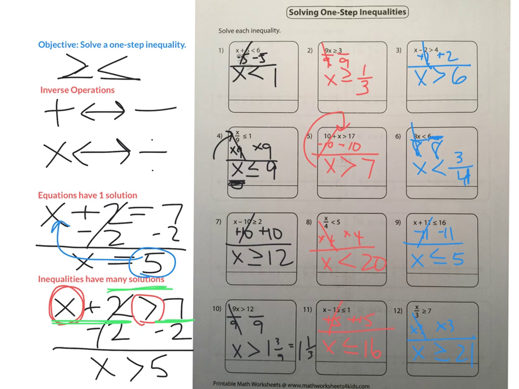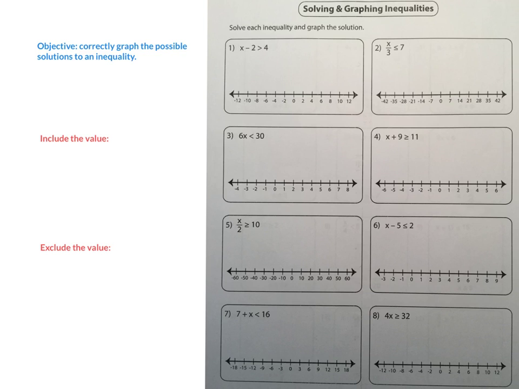If you want to flip your paper to the back, we're going to go over how to graph these possible solutions. On the back of your paper here, we're looking at how to graph the possible solutions. So that is your objective, to be able to correctly graph them. There's 2 things you need to know. In order to include the value, you're going to see symbols like less than or equal to or greater than or equal to.